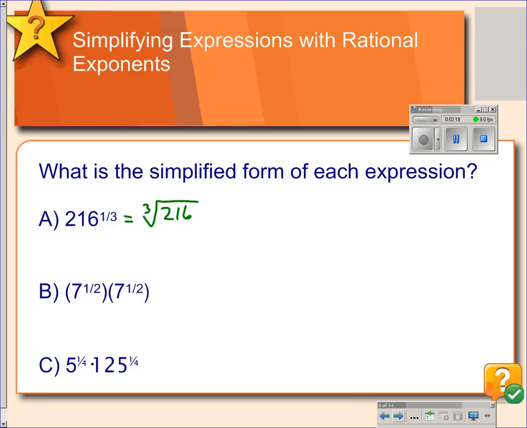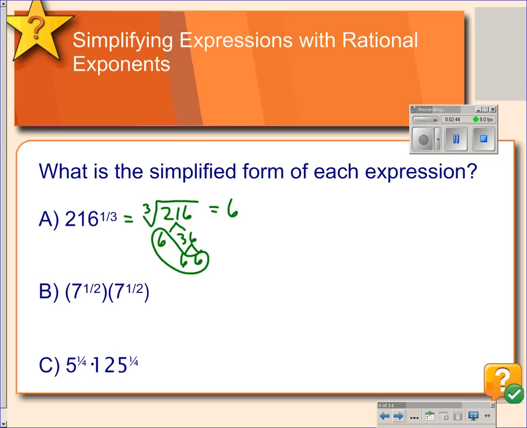So 216 is 6 times 36. 36 is 6 times 6. So as it turns out, 216 is a perfect cube. We have three 6's. So the cube root of 216 is 6, which means 216 to the 1/3 power is also 6.